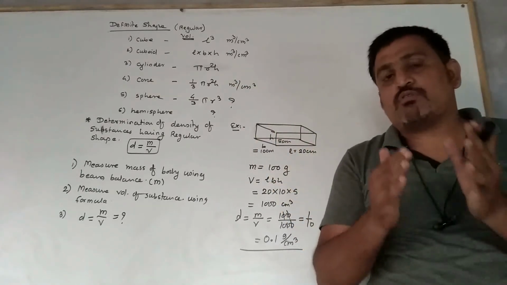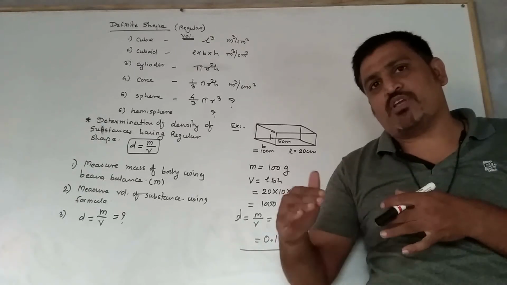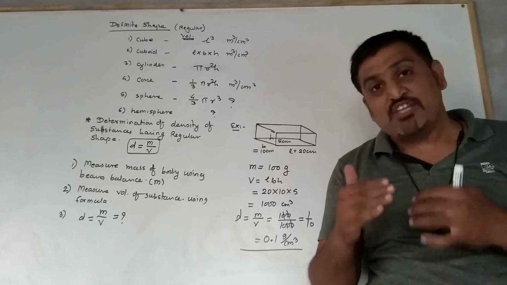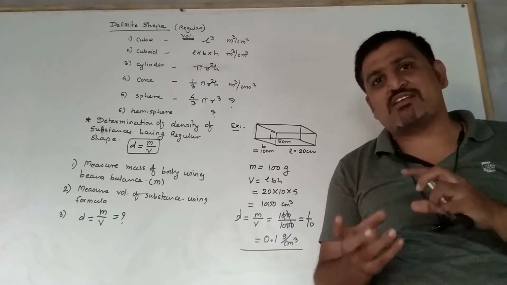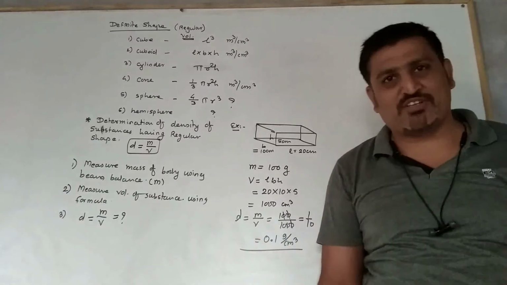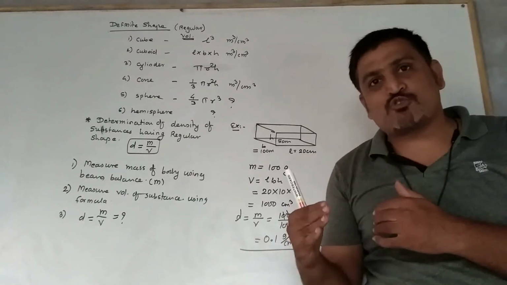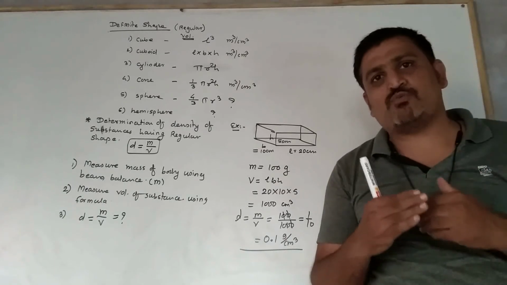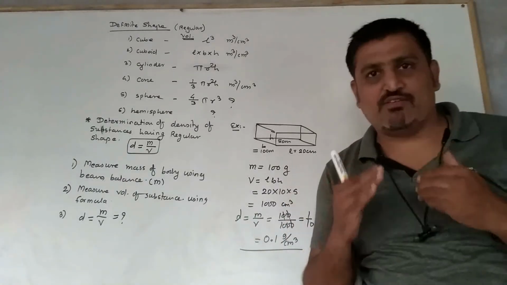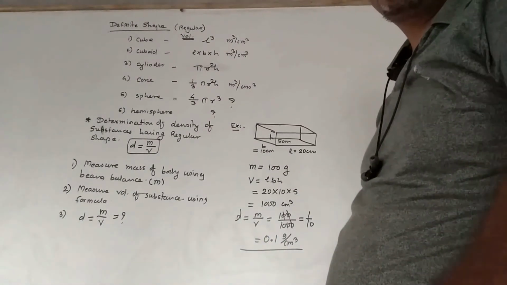But before learning how to find the density of a body having irregular shape, we should know some measuring instruments which can give us an idea about the volume of these irregular bodies. So let's start to learn about the instruments or the apparatus which we use to measure the volume of the body.